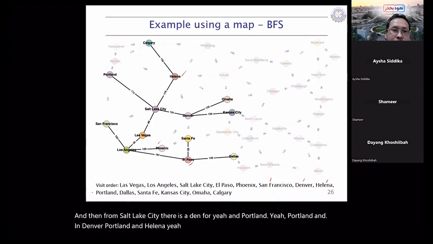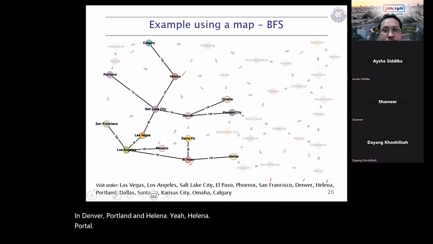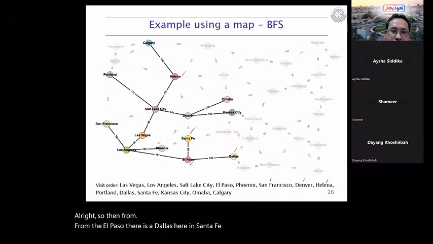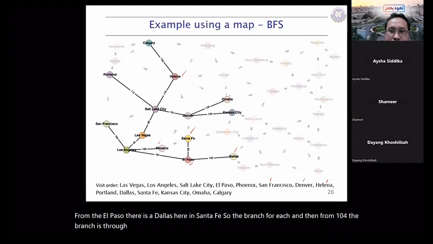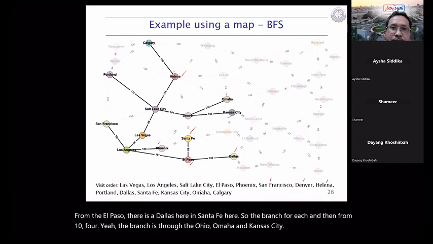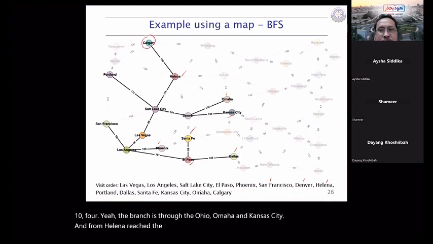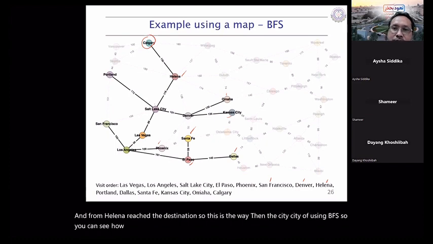Then from El Paso there are Dallas and Santa Fe, and from Denver the branches go to Omaha and Kansas City, and from Helena we reach the destination. This is the way and the cities visited using BFS, so you can see how many cities are visited until reaching Calgary.